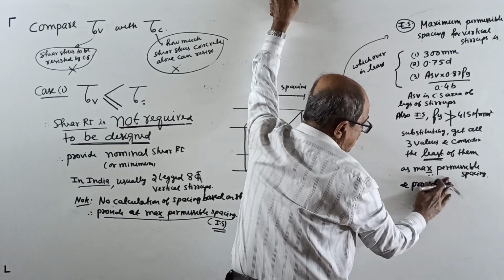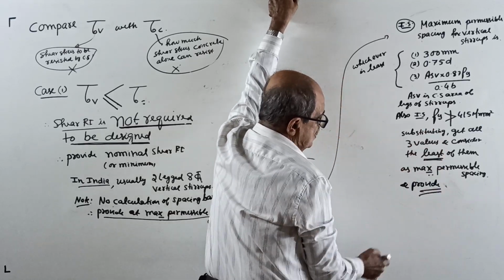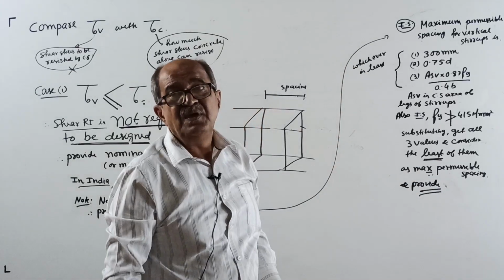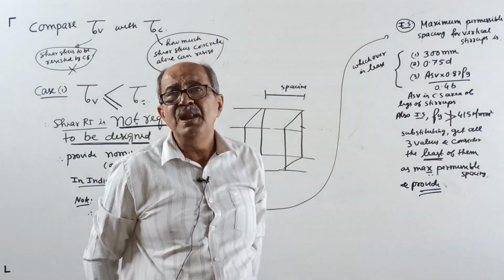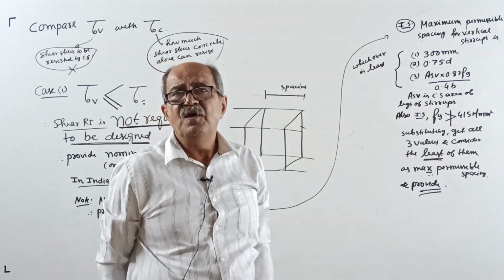This is the case when tau v is either equal to or less than tau c.